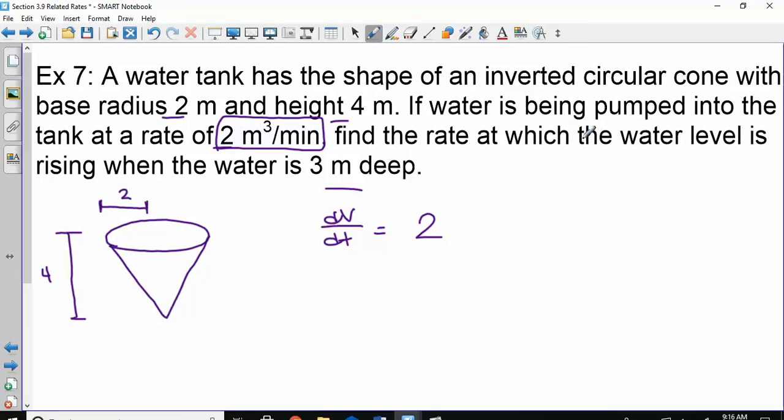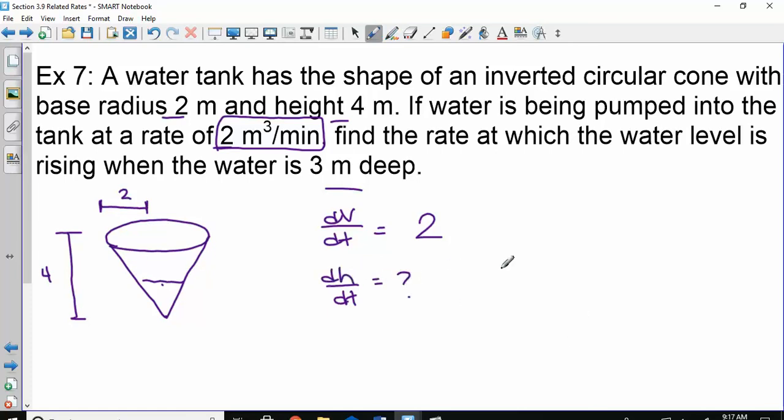Find the rate at which the water level is rising when the water is 3 meters deep. So a rate is a derivative. At which the water level is rising, I'm wanting the derivative of what? What variable measures how tall that is? dH. Yeah, that's my height.